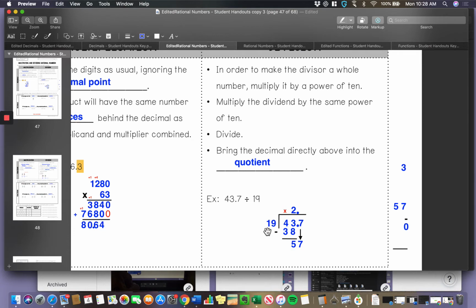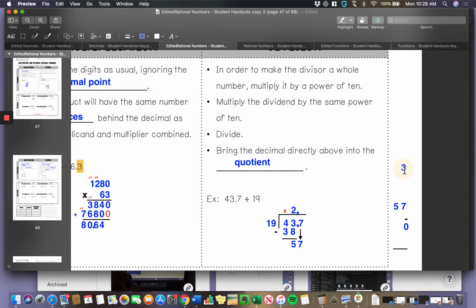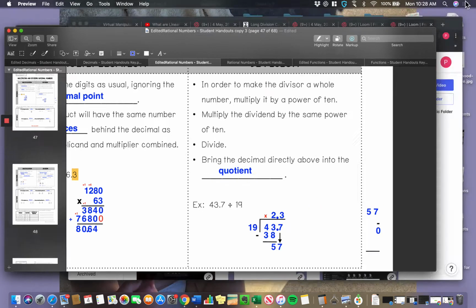And I have to figure out how many times 19 can go into 57. So I'm going to take 57 and divide it by 19. And I get an even number. That's awesome. So I have 3. And then I can do 3 times 19.